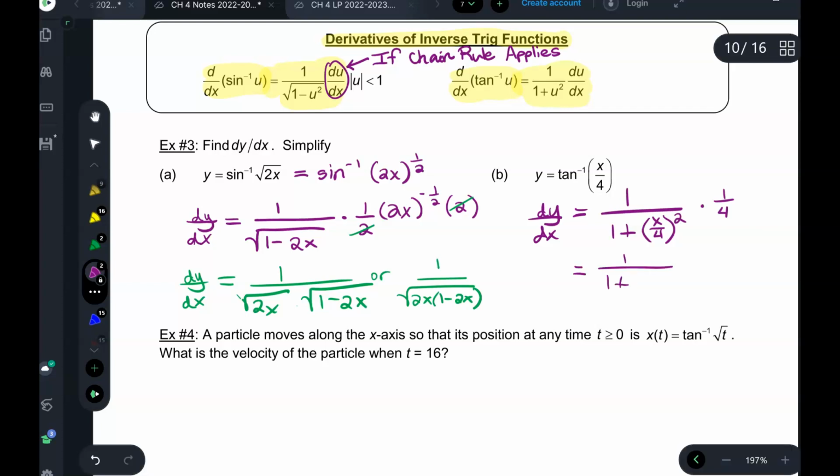So 1 plus x squared over 16. And then we multiply that by a 4th, so can I multiply the denominator by 4?